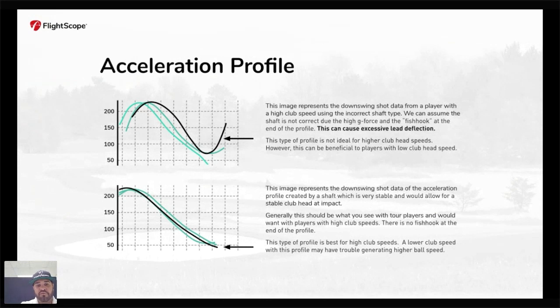So it just gave him confirmation that his equipment was really dialed in for him. So really good profiles. If you need some more information on them, feel free to reach out. We can send you some of these graphs, but that's the general rule of thumb you're going to be looking for.